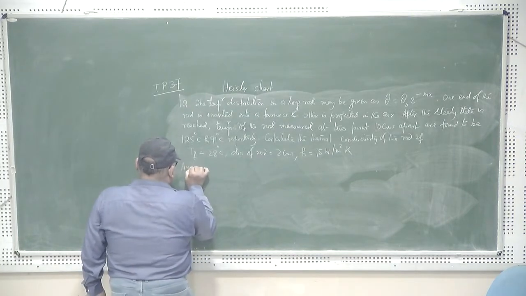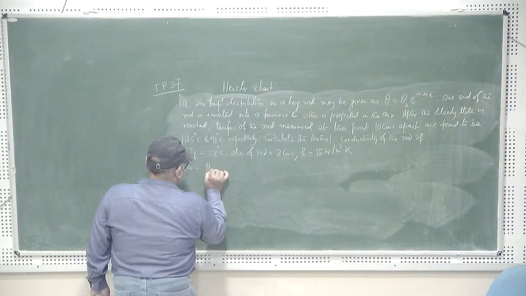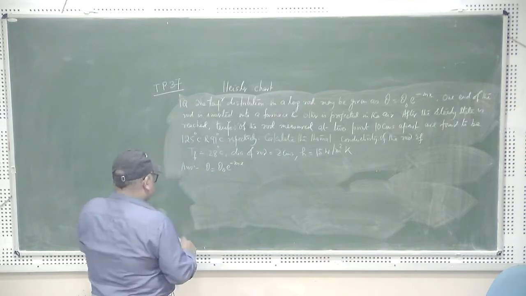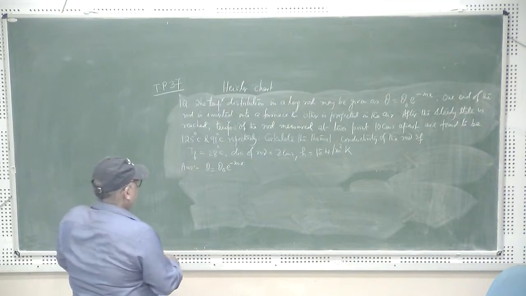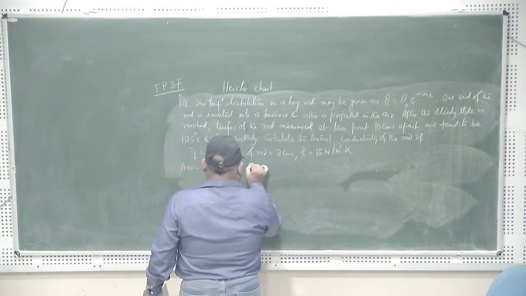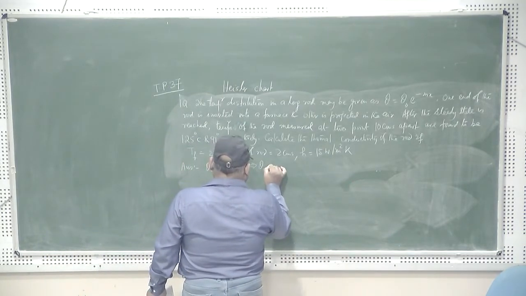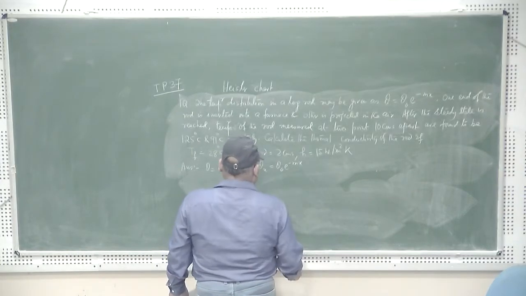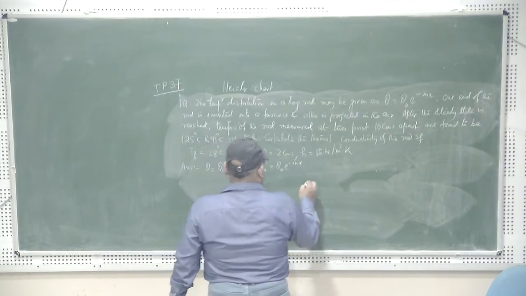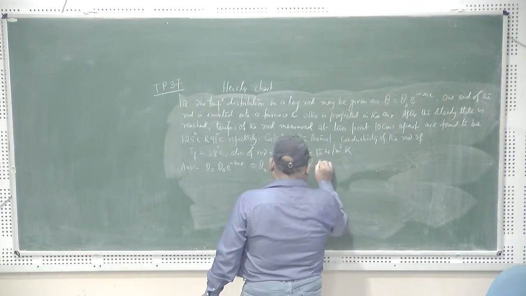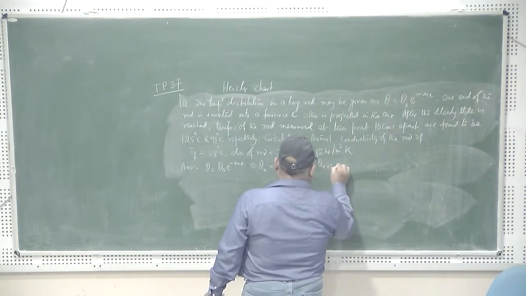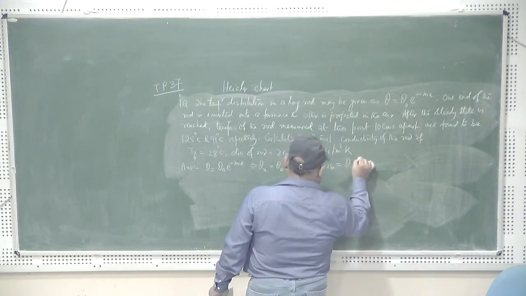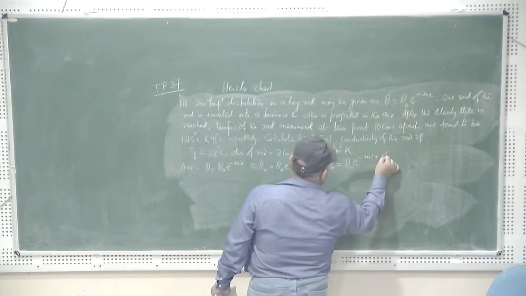So, as the temperature distribution is given, theta is equal to theta 0 e to the power minus mx. So, we can write theta x is equal to theta 0 e to the power minus mx, and theta at x plus delta x, because 2 points I have to consider, is equal to theta 0 e to the power minus m times x plus delta x.